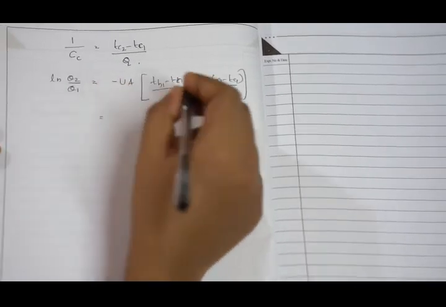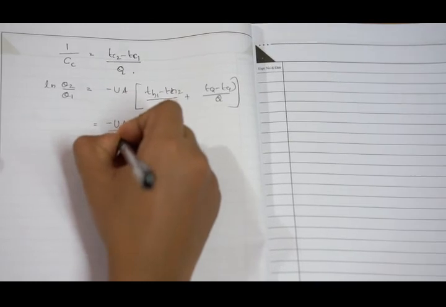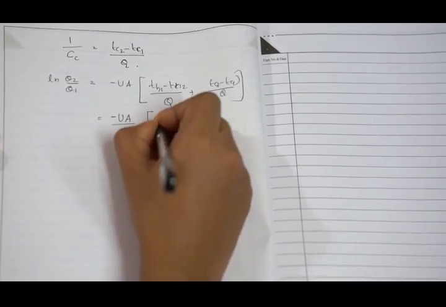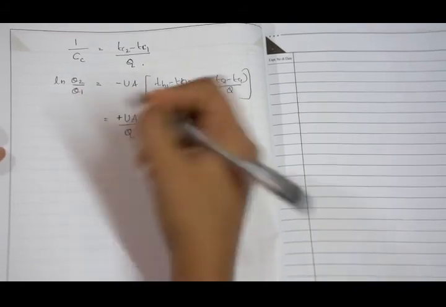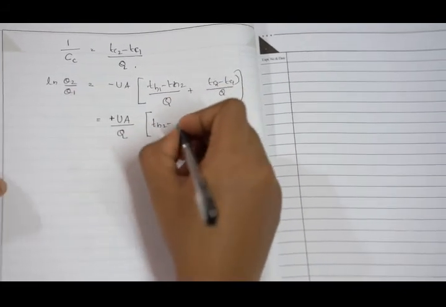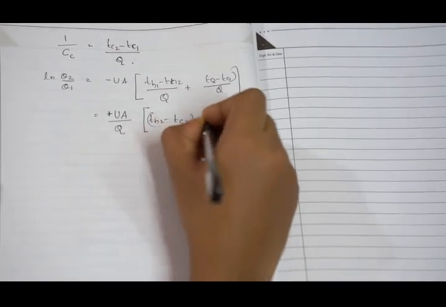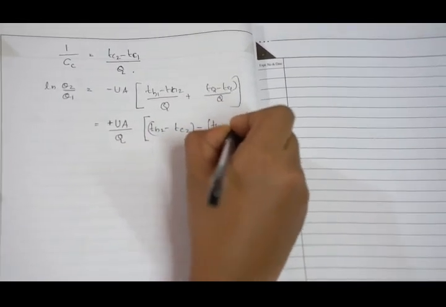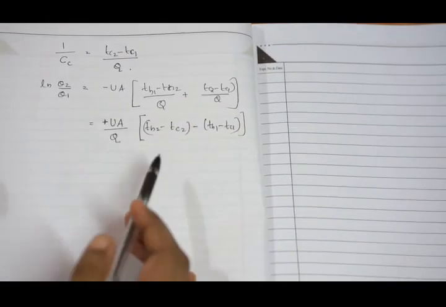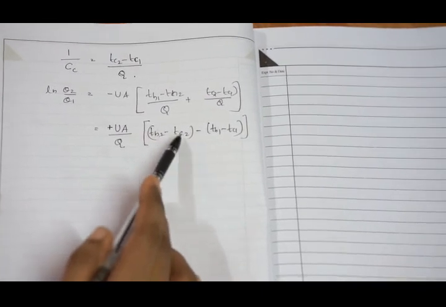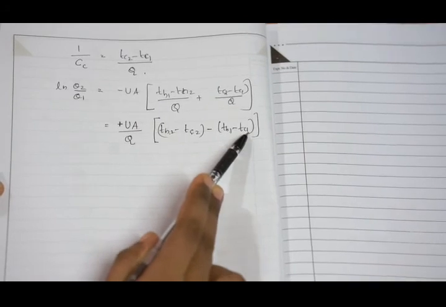We can take Q outside: minus UA by Q into, taking the negative sign inside, (Th2 minus Tc2) minus (Th1 minus Tc1). We are rearranging these terms. From here you can understand that Th2 minus Tc2 is equal to theta 2 and Th1 minus Tc1 is equal to theta 1.